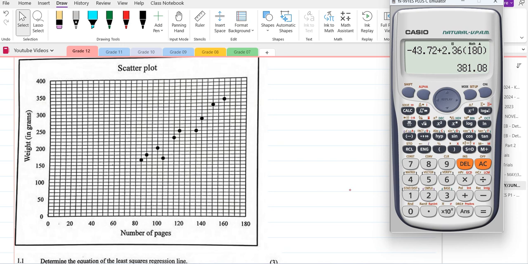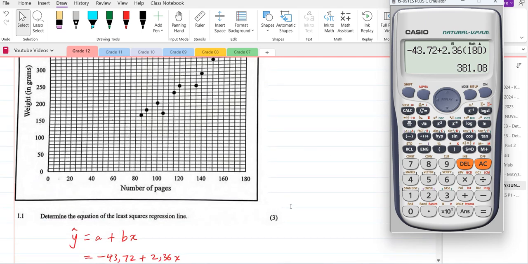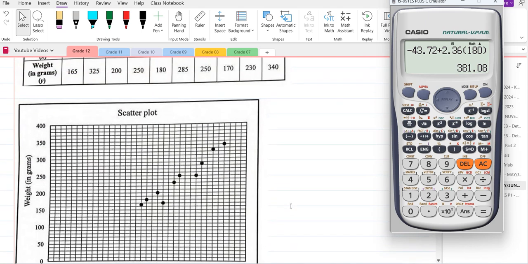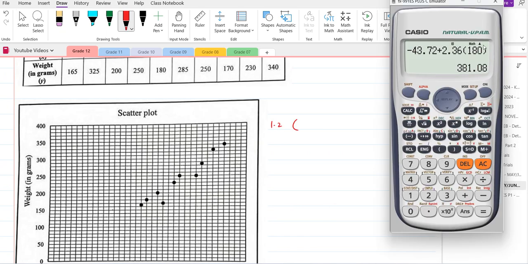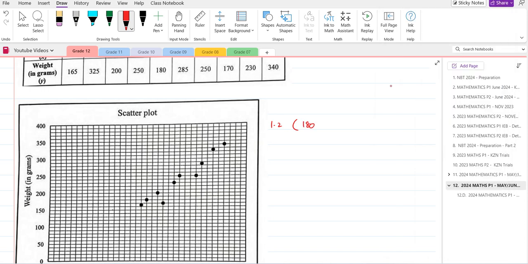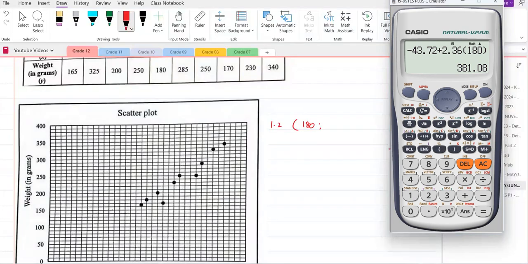So I'm doing basically question number 1.2. For 1.2, I'm getting a coordinate when I put 180 inside, and the answer is 381.08.